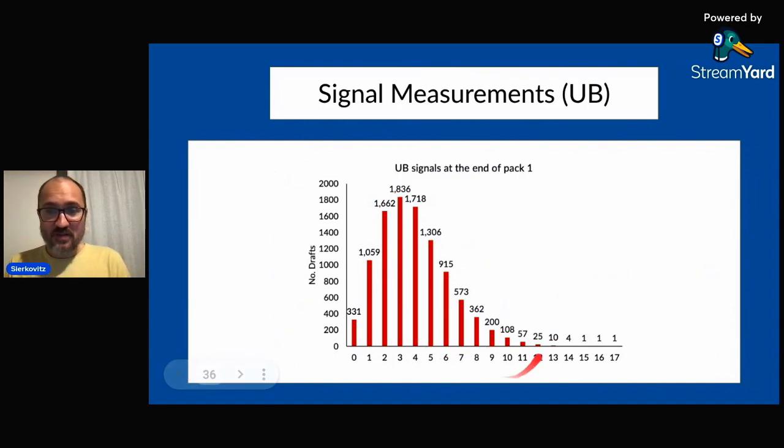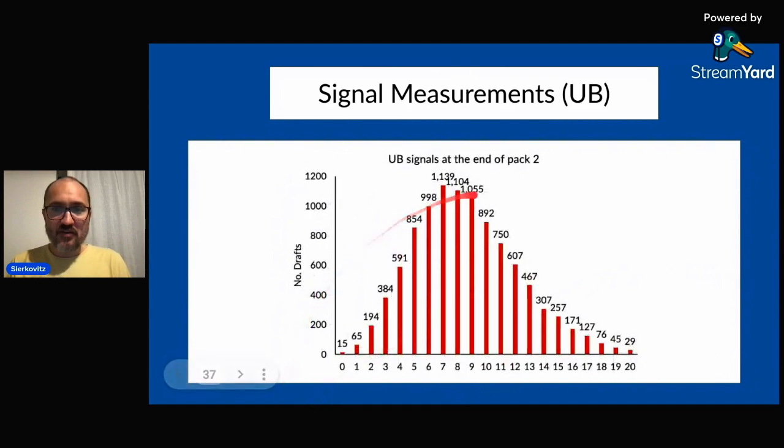But it's not going to happen super frequently that you get 6, 7, 8, 9 signals in the first pack, but it will happen just enough for you to be able to make some actionable decisions based on that. At the end of pack 2, like probably half of the drafts will have between 0 and 8 signals. Like almost no drafts will have 0 signals.